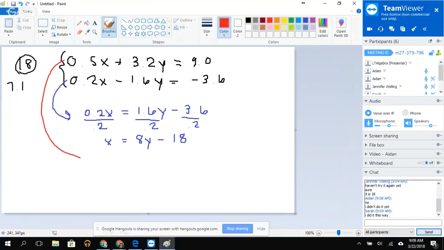So we have 0.5 times x, right? We have times x right here. But instead of x, we're going to insert in this value of x. Oh, slightly different color blue. So 0.5 times 8y minus 18. Okay. And then we're going to keep going with our original equation. Plus 3.2y equals 9.